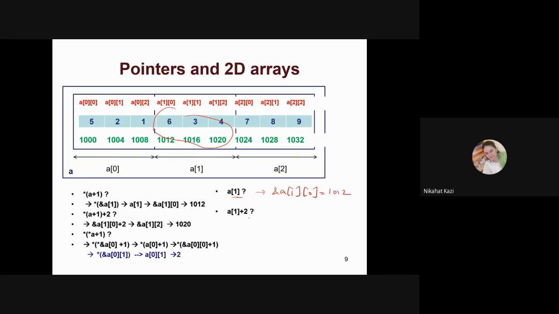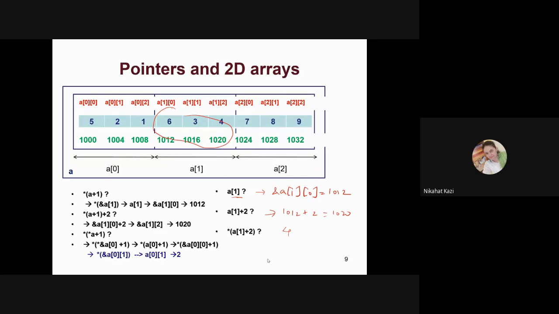What is A of 1 plus 2? 1020. Very good. So it is 1012 plus 2 addresses, right? So that is 1020. What is star of A of 1 plus 2 now? Just star it. 4. Okay, so you get 4. So this is also one way of getting the elements.